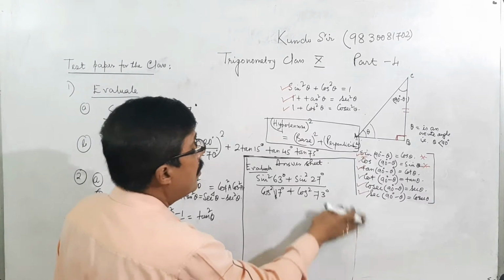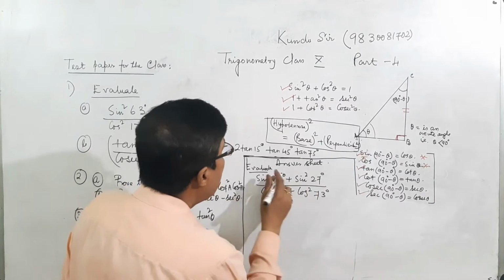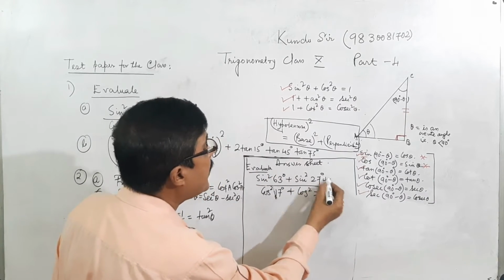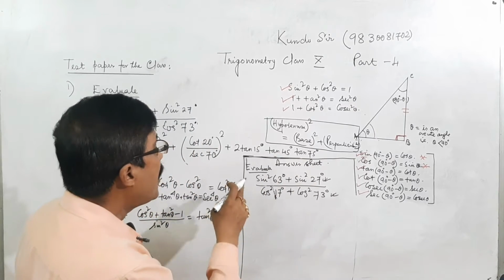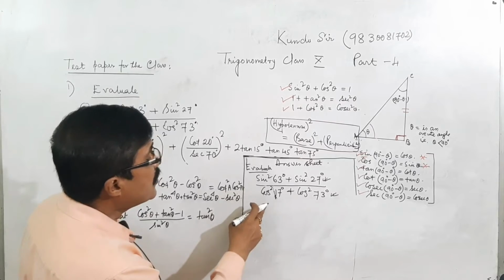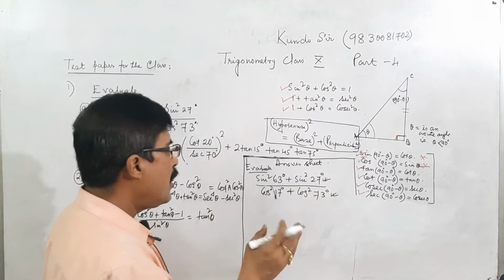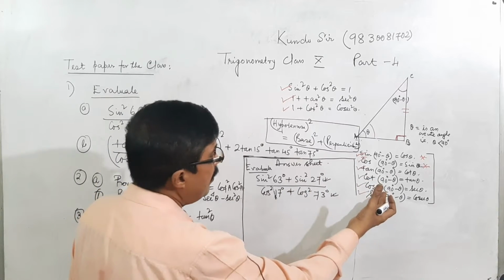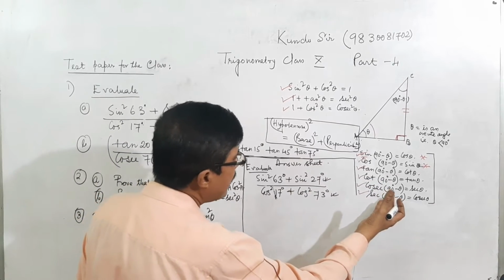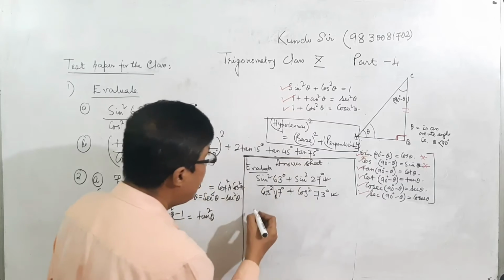Now, what is this? You can change the numerator or the denominator. We are choosing the denominator. Anyone can choose the numerator, and they can apply the concept or the formula of this.